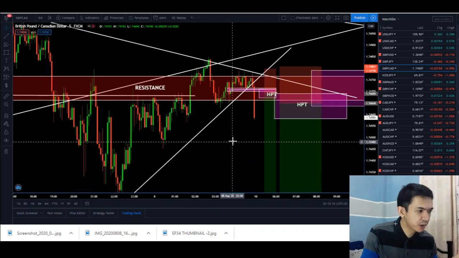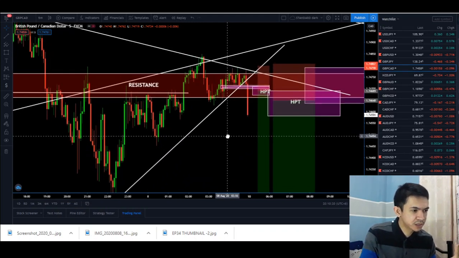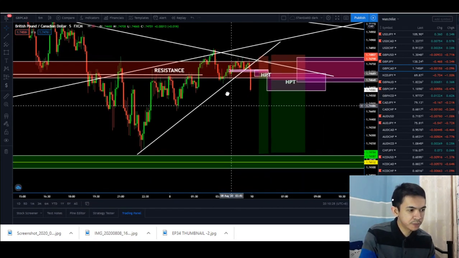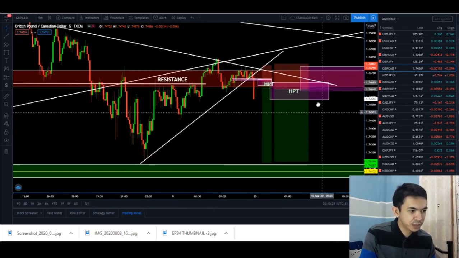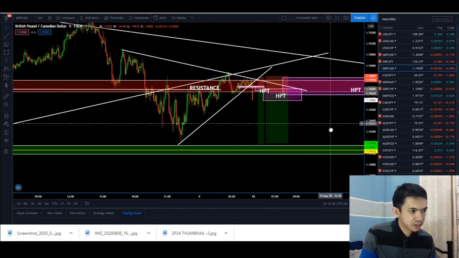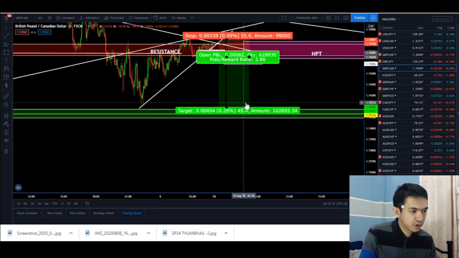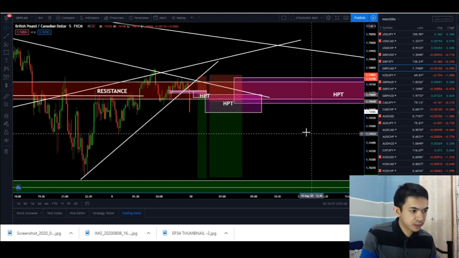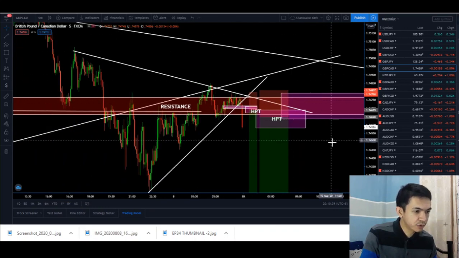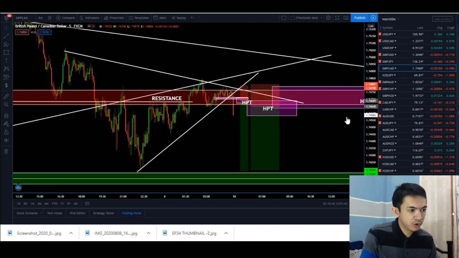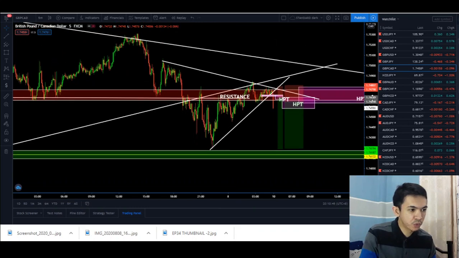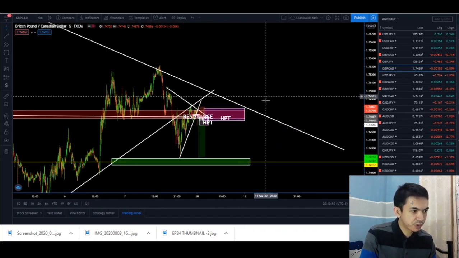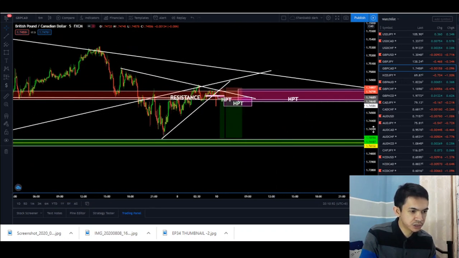If I'm going to trade now only at 5 minutes and not knowing where I'm at the bigger picture, like an hour or four-hour or daily, definitely I'm thinking this will be a long or short trade, probably going up or going down. So I'll be lost. So it is important for you to know where you are at the current picture and at the bigger picture, thus providing you multiple opportunities and better entries.